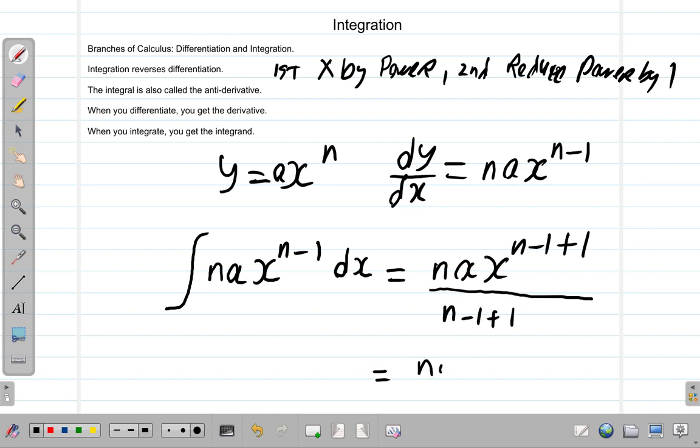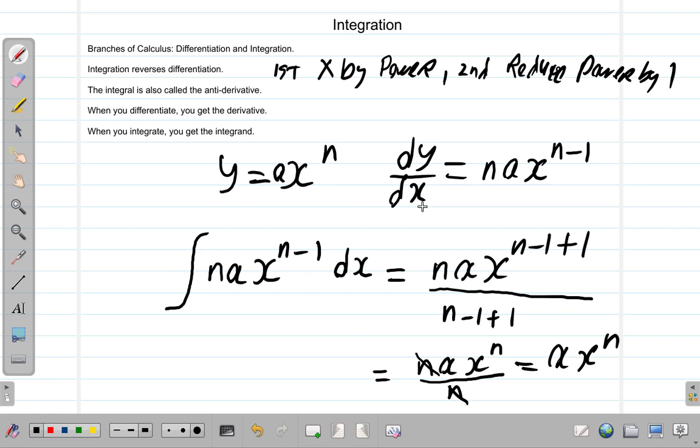You have n a x to the, well, negative 1 plus 1 is 0, so what you have is n. Divided by negative 1 plus 1 is 0, so you have this over n. But then, n will cancel n. So what you have is a x to the n. You notice that's what you started out with. So you did the reverse of differentiation.